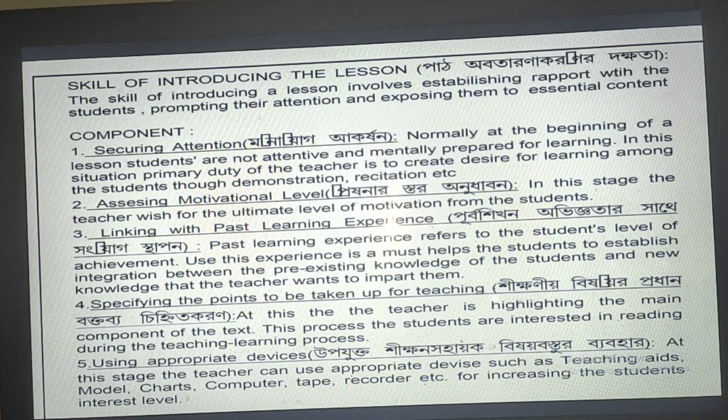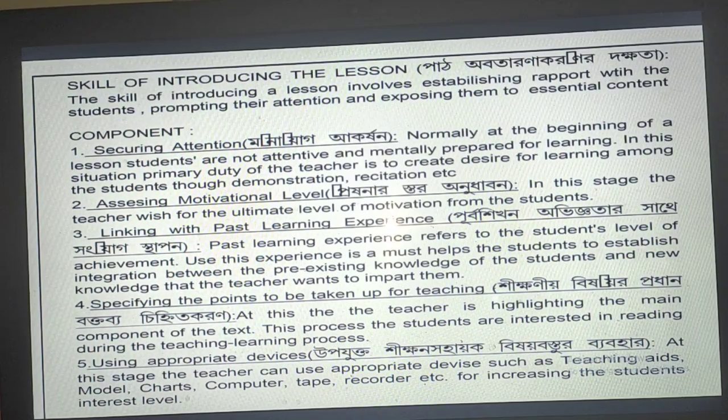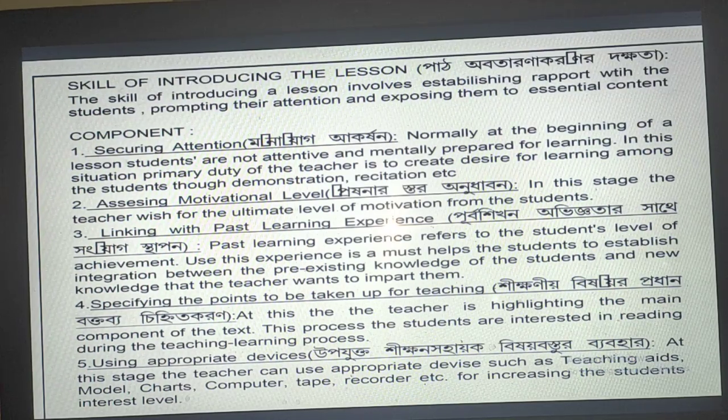Then the teacher discusses the topic. He or she has to measure how much learning experience the students gathered previously.